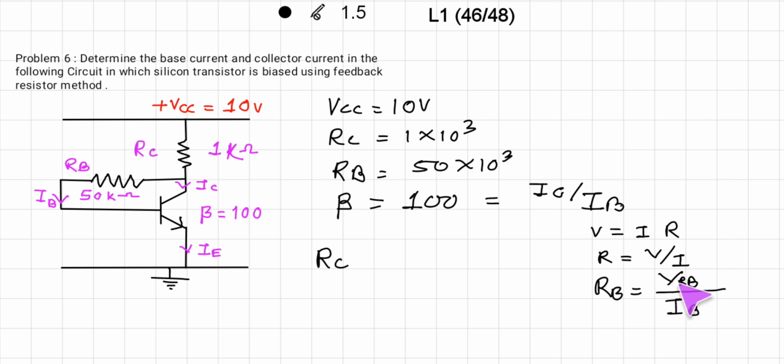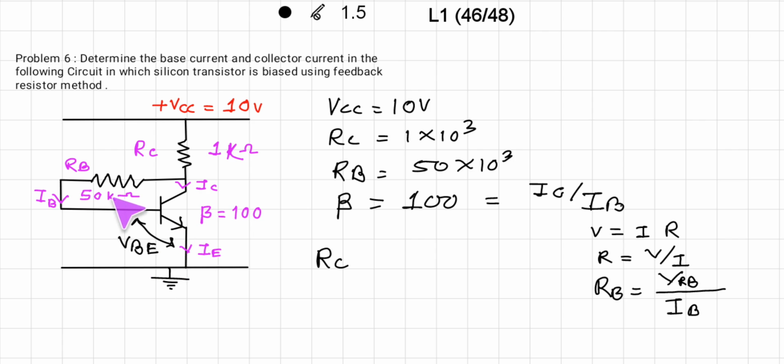When VCC is applied, some of the voltage is dropped across RC, that is ICRC. Some of the voltage is dropped across RB, that is IBRB, and the remaining voltage is dropped between base and emitter, that is VBE.